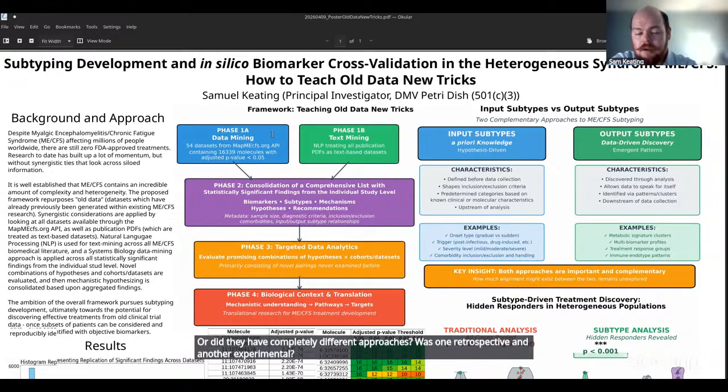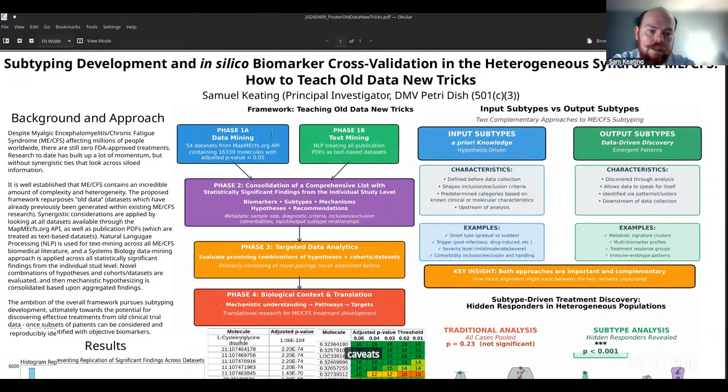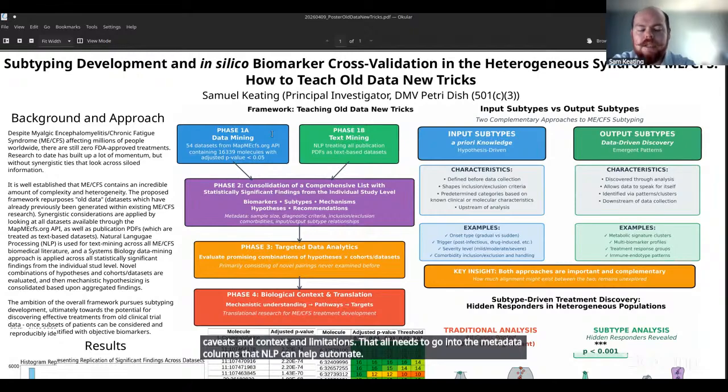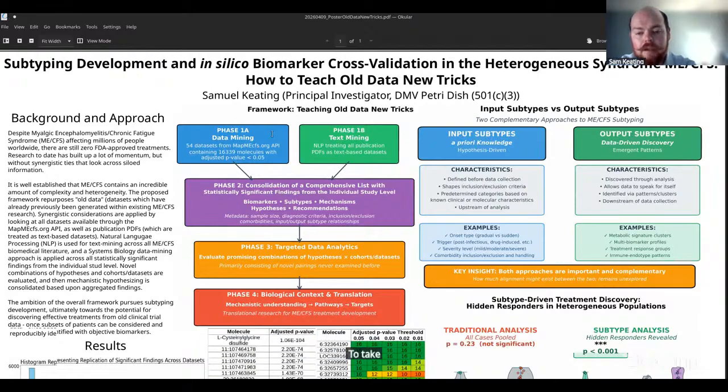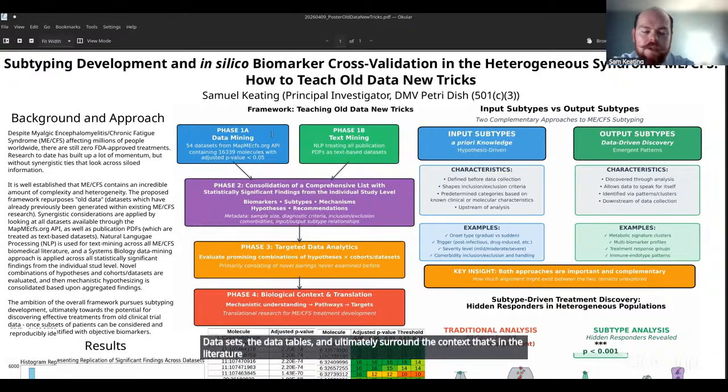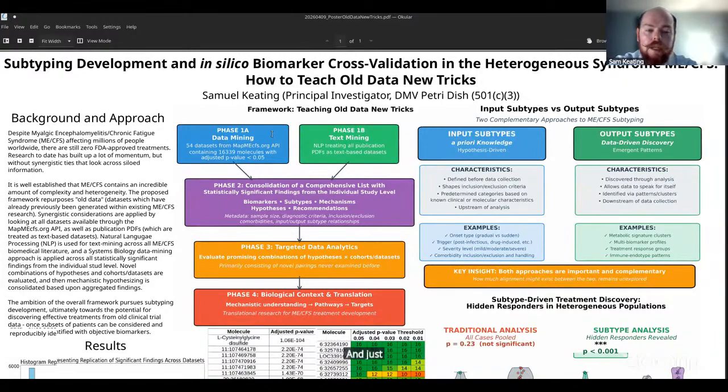All those qualifiers, all those caveats and context and limitations, that all needs to go into metadata columns that NLP can help automate to take the findings that are in the papers and the data sets, the data tables, and ultimately surround the context that's in the literature already and just consolidate it into a human readable table.